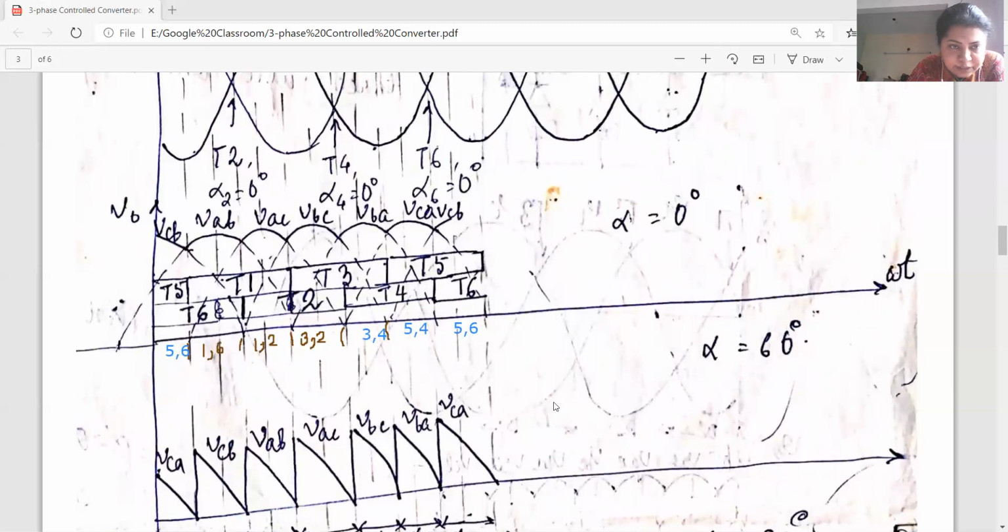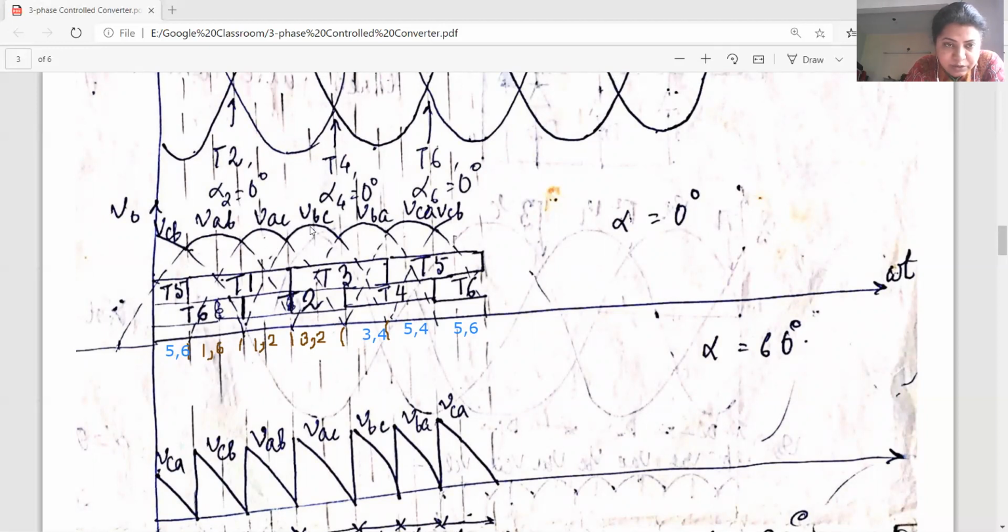Here we get VAB at the output from omega t equal to 30 degree to omega t equal to 90 degree, an interval of 60 degrees, when 1 and 6 are conducting, and we obtain the line voltage VAB. Again, from this interval to this interval, 1 and 2 are conducting.